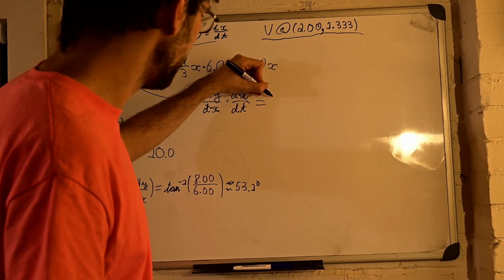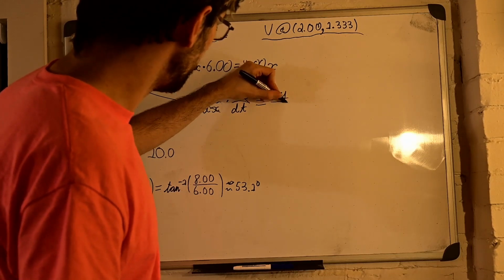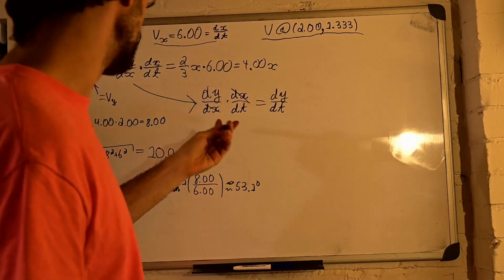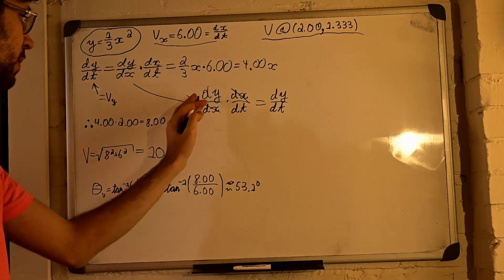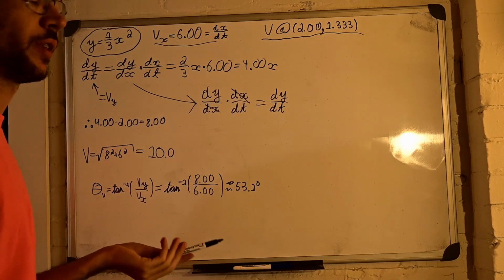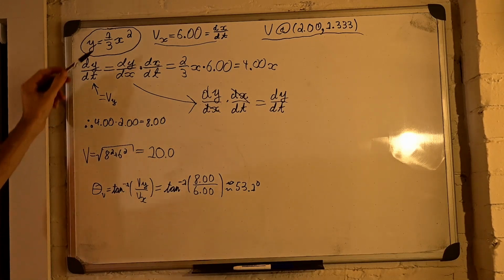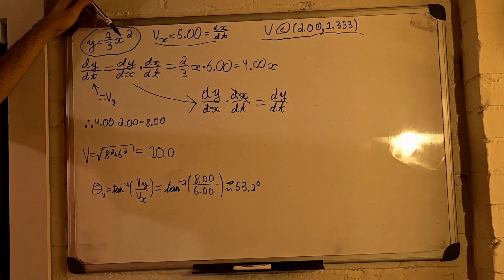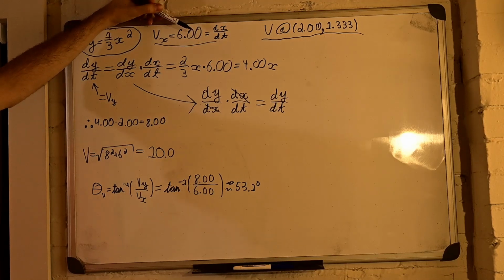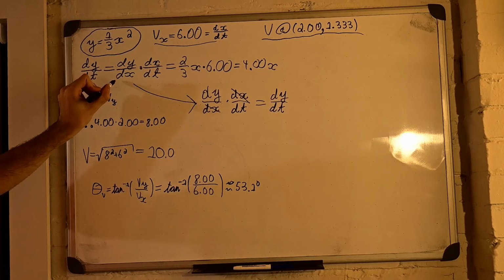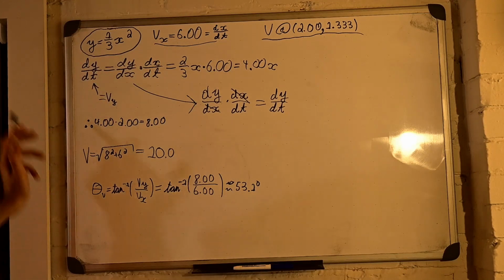So you end up with derivative of y with respect to t, right? If these two cancel out, these are what you have left. It's perfect. This is exactly what we need. So if we're looking for the derivative of y with respect to t, but all we have is y with respect to x and x with respect to t, then we can combine them together using this. So that's what we do.